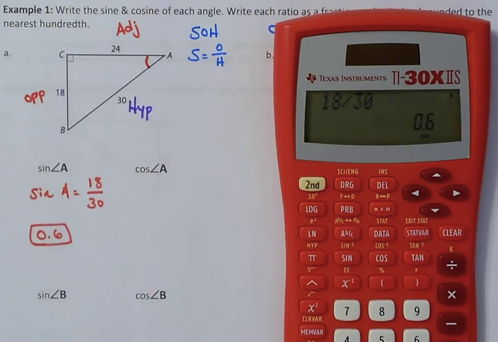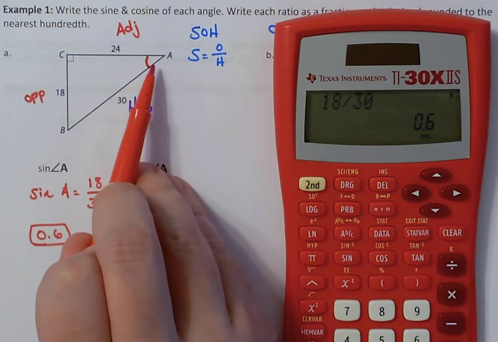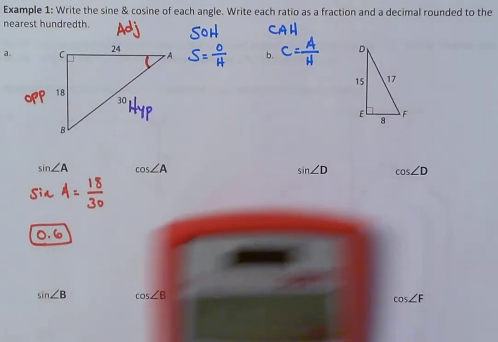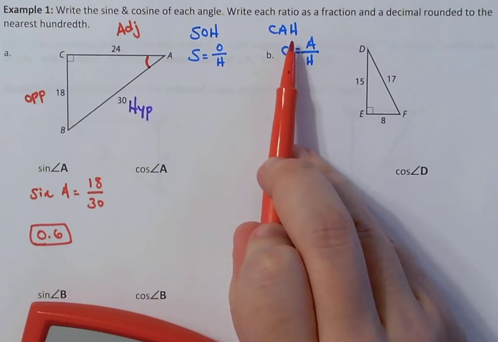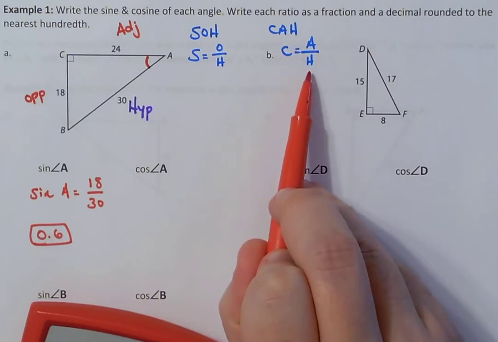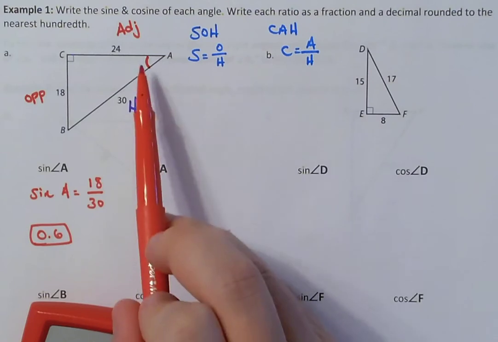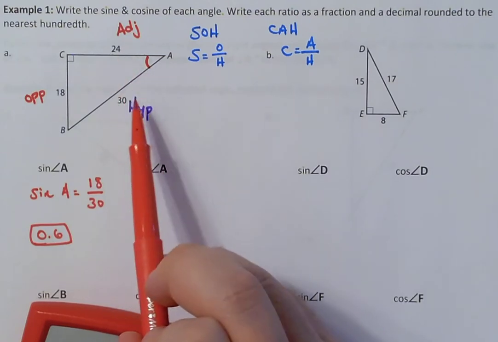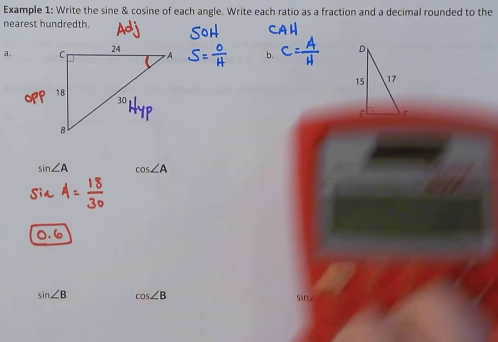And that's our answer. So we're just going to go through and do that for all the other angles and their sine and cosine. We did the cosine of A, again using A as our reference. Cosine is CAH, so that's the adjacent over hypotenuse. So the adjacent side is 24, and the hypotenuse is 30.